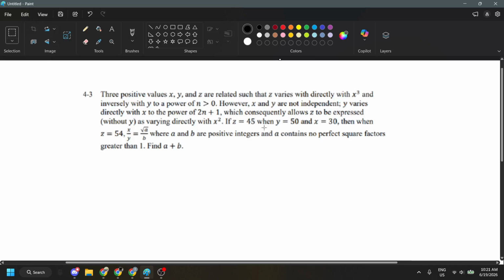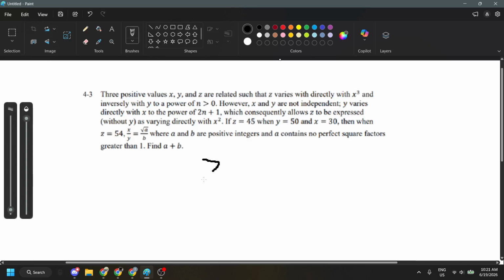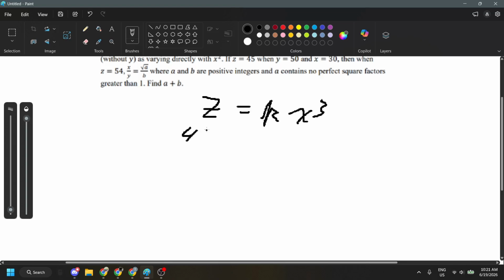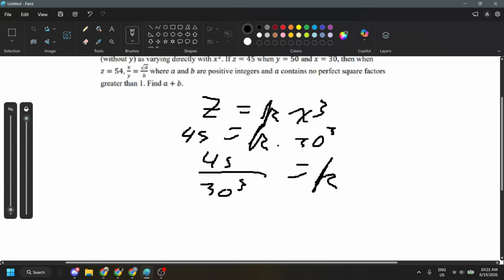Okay, so z is equal to k x cubed. Let's find out exactly what this is. 45 is equal to k times 30 cubed. So 45 over 30 cubed is equal to k.